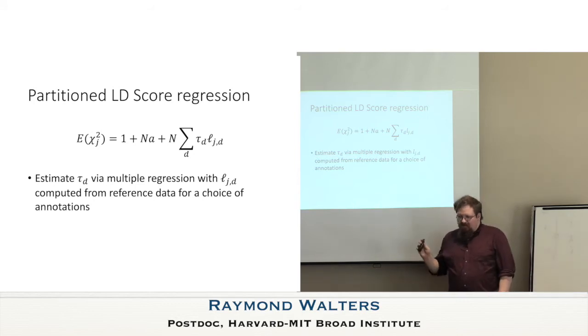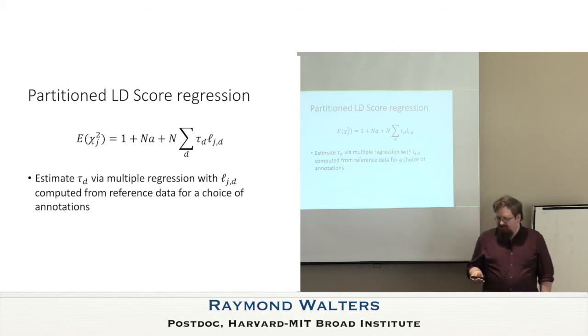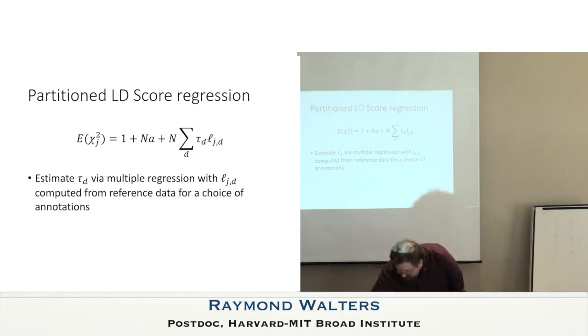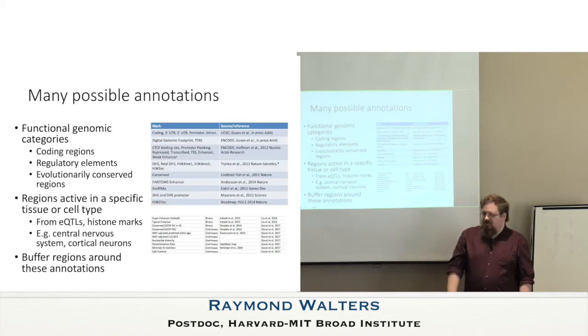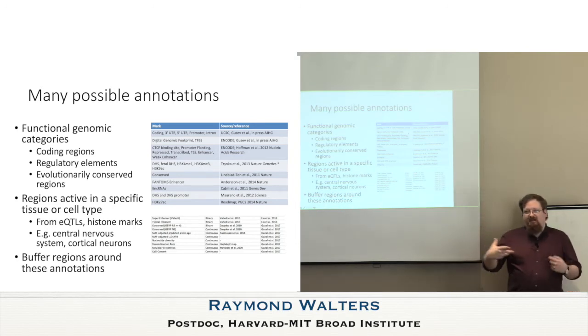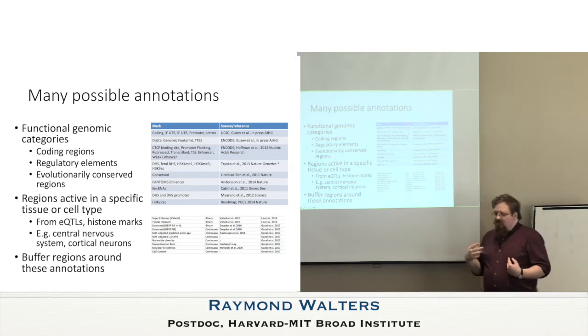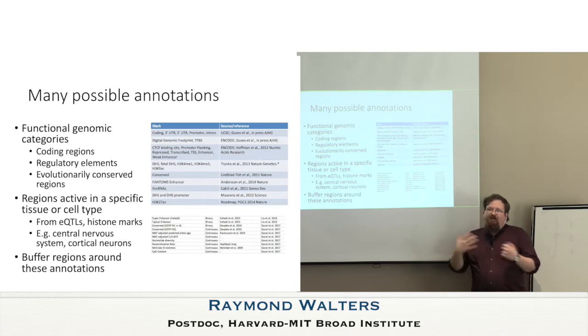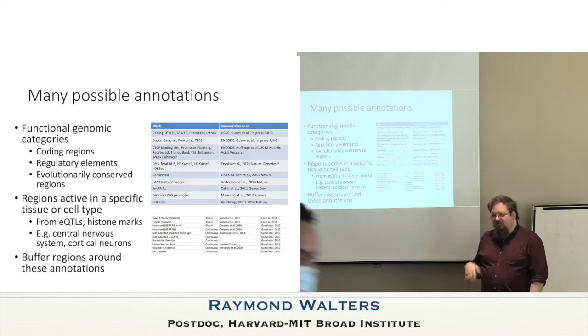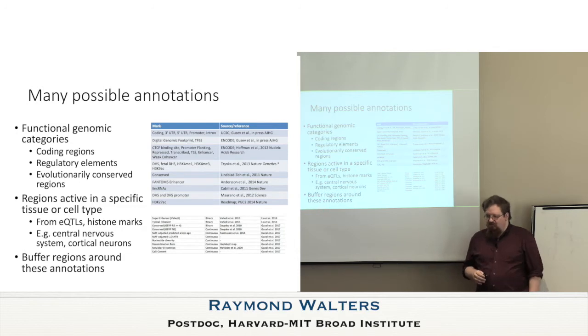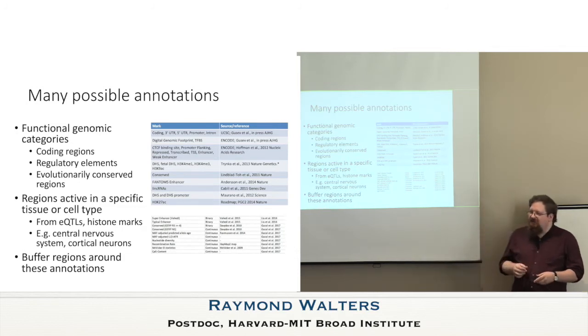And so picking up from there, the first thing to discuss for today is what annotations might we be interested in paying attention to as having different taus. An ever-growing list of things have been used in this framework, but some of the initial things that proved successful and were a focus of the initial motivations for partitioned LD score were things like functional genomic categories.